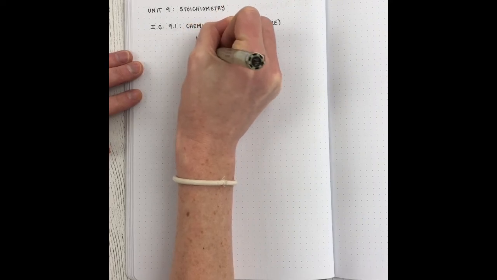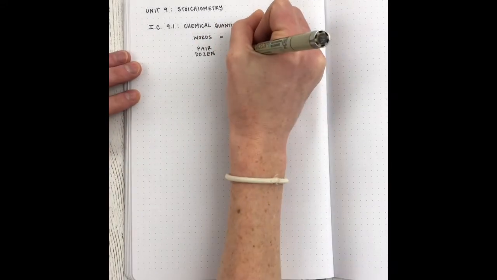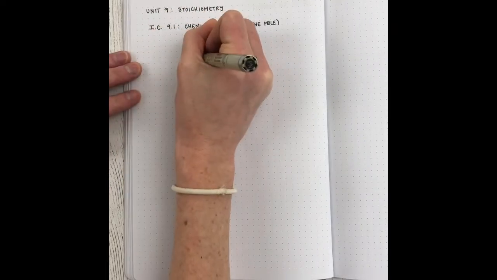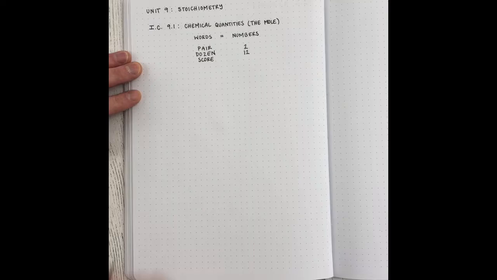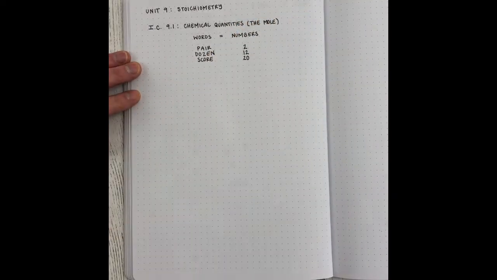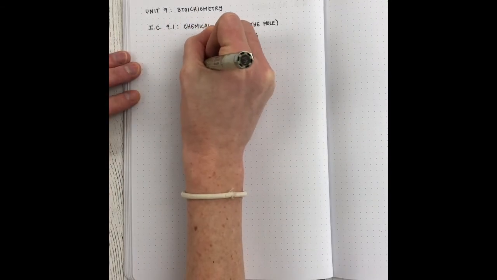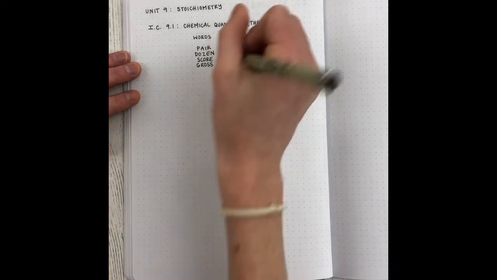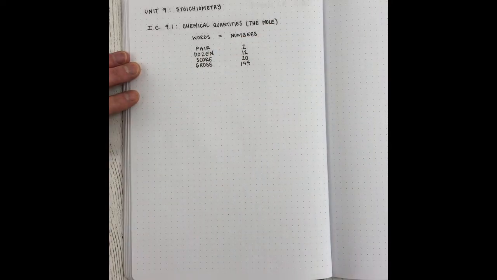If I said the word dozen, you would think of the number 12, like a dozen eggs or a dozen donuts. If I said the word score, you might not think of the number 20, but that's like 7 years ago. That's a little lesser known one. Gross, that's 144, like a gross of pencils.